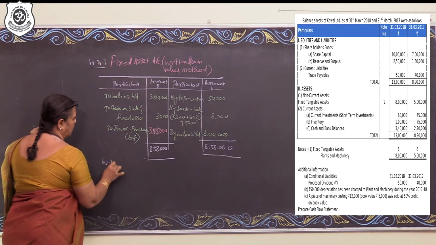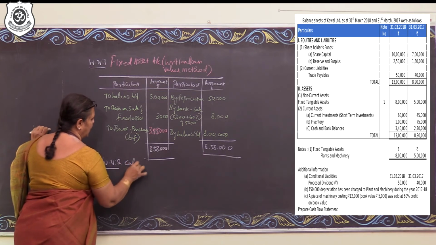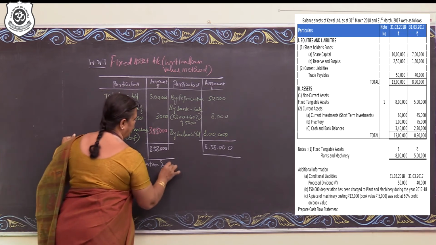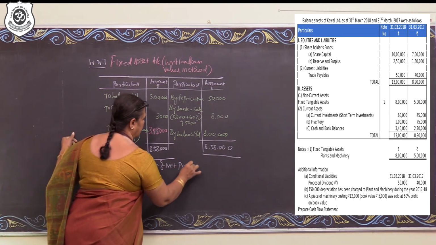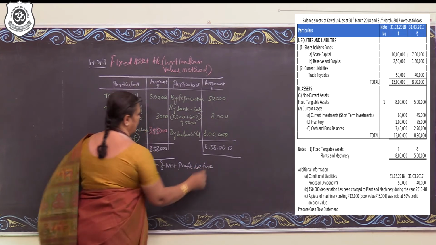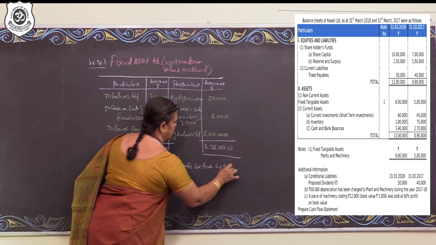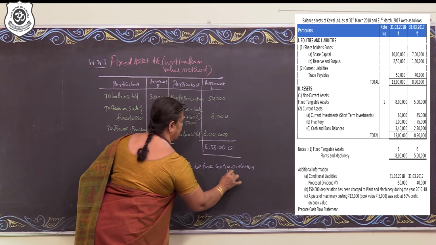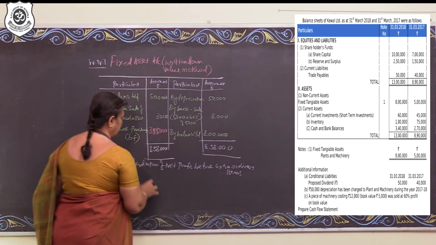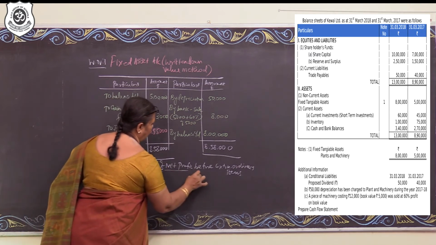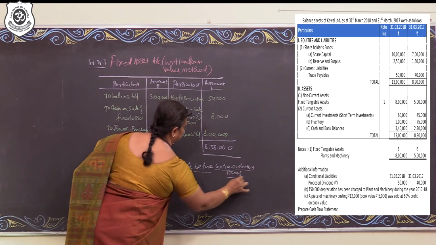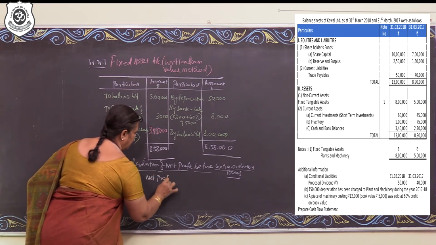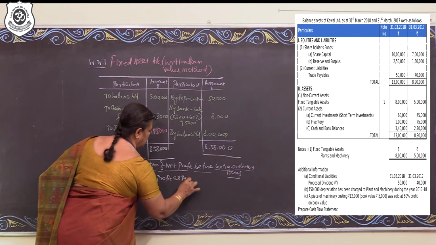Now, going to working note number 2. Calculation of net profit before extraordinary items will be net profit as per balance sheet.